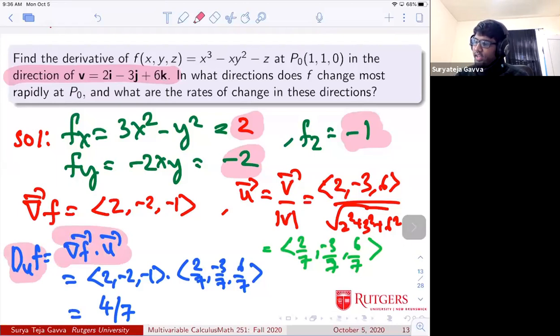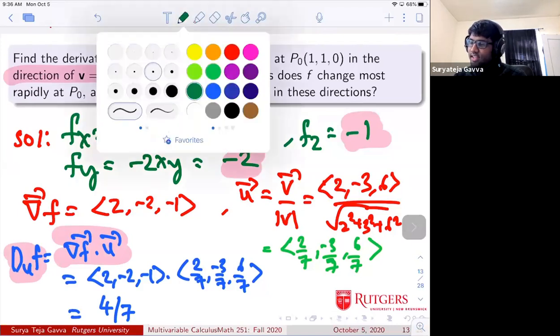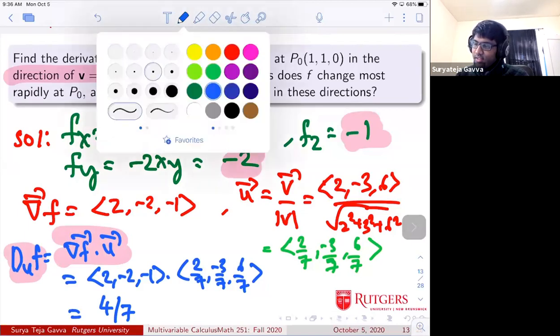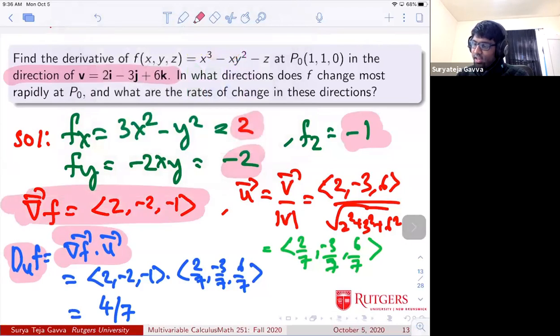Okay, so again, what is the direction in which it changes the most? As I said, the direction in which it changes the most is the gradient direction. It would be the direction of this del f, or nabla f. So it is this. And what is the magnitude of the change?